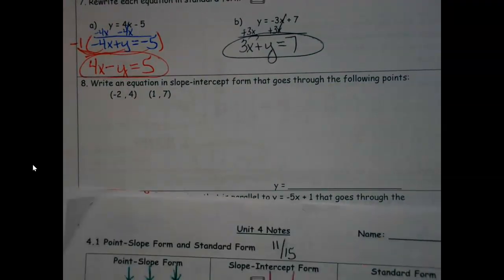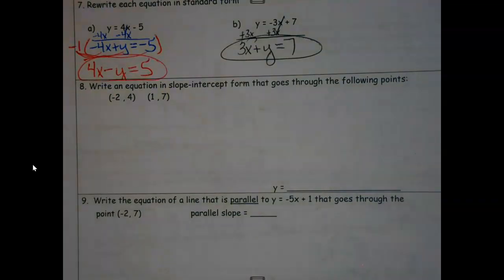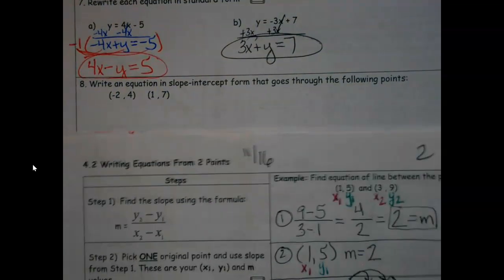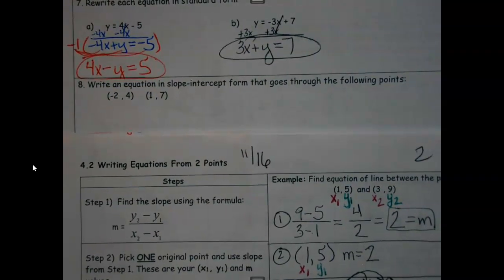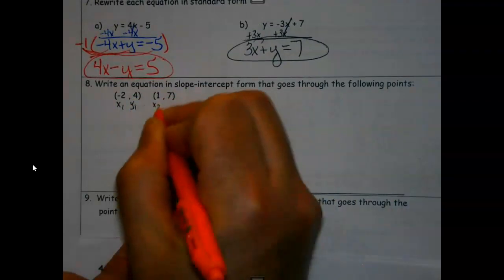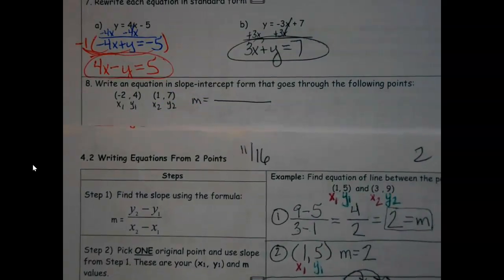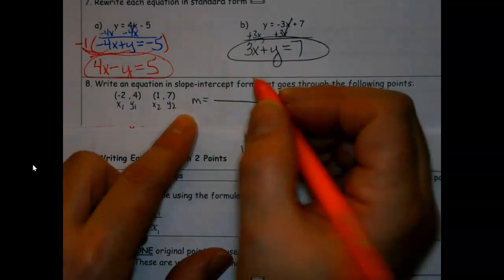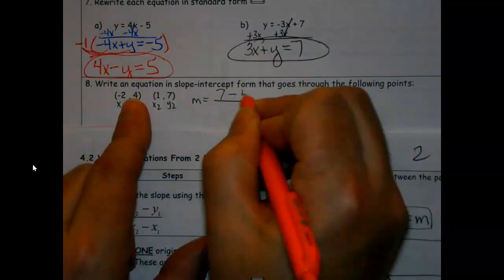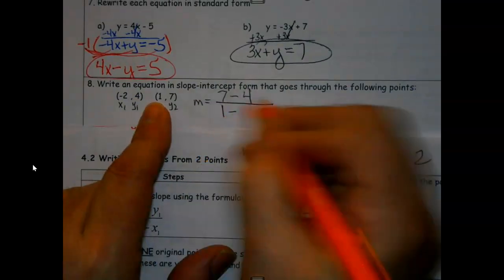Write an equation in slope-intercept form that goes through the following points. Okay, so job 1. I have a feeling. Writing equations from 2 points. Well, hot dog. Find the slope. I got my formula here in the notes. It's on the front of my quiz preview. y2 minus y1 over x2 minus x1.